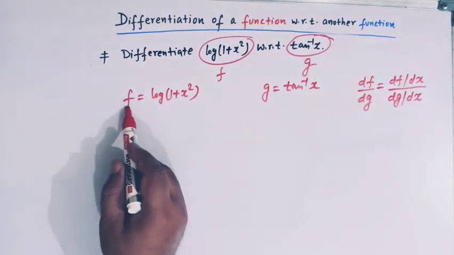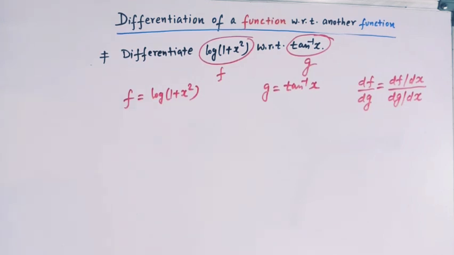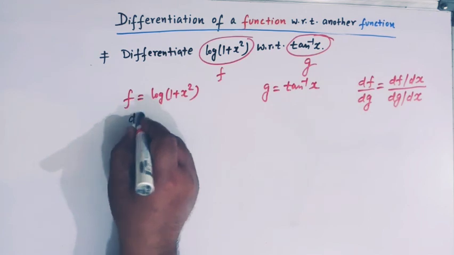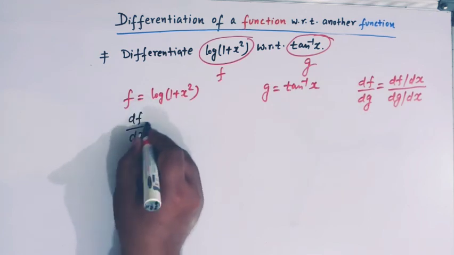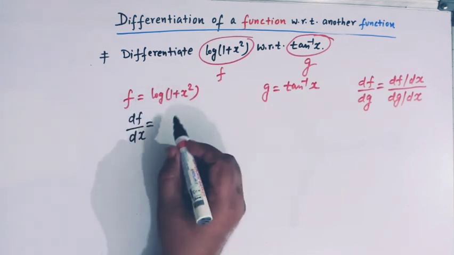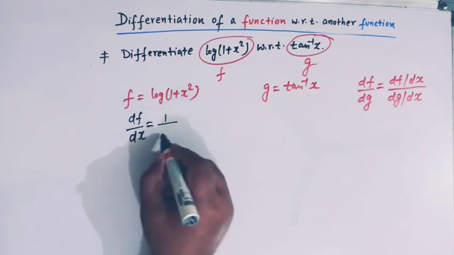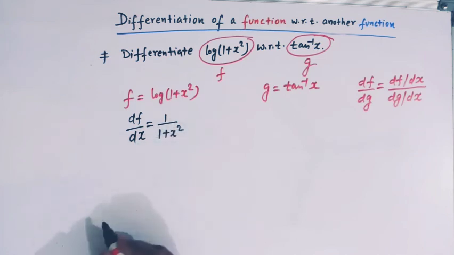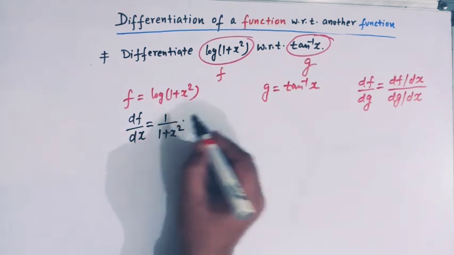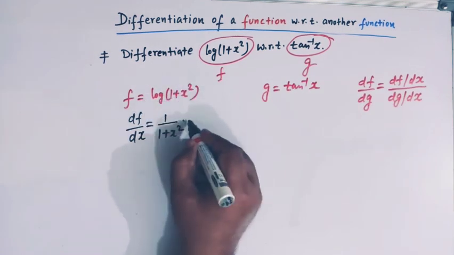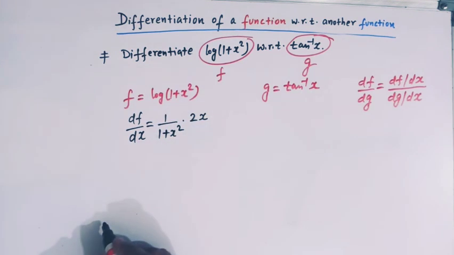So let us differentiate it. So the derivative of f with respect to x is df over dx. The derivative of log x is 1 over x. So here we have log of 1 plus x square. So this is 1 over 1 plus x square, and the derivative of 1 plus x square is 2x, right?